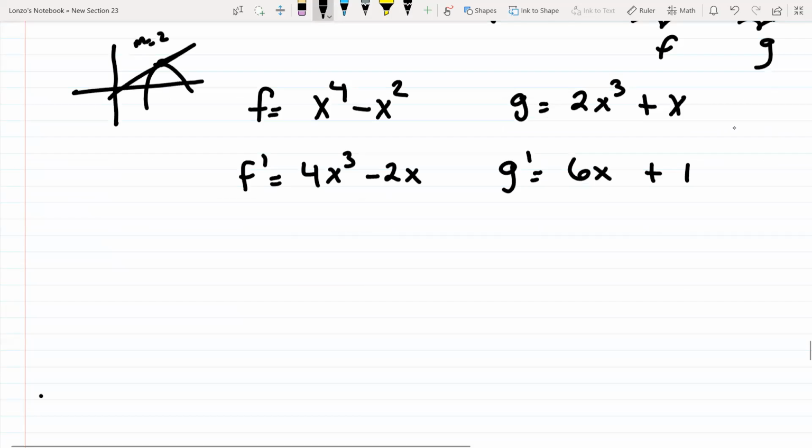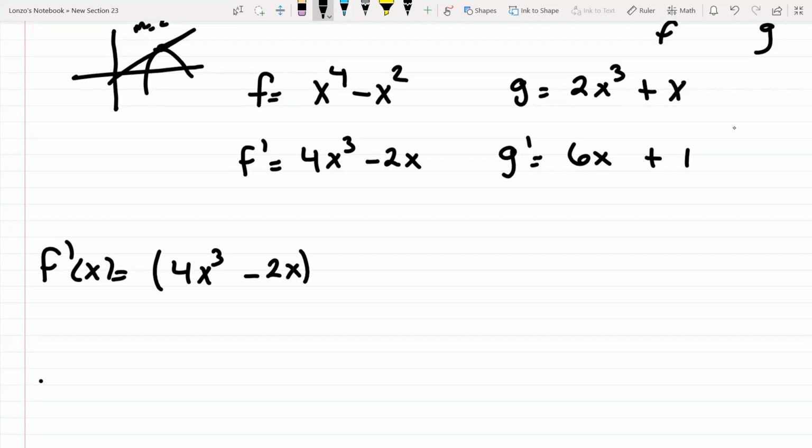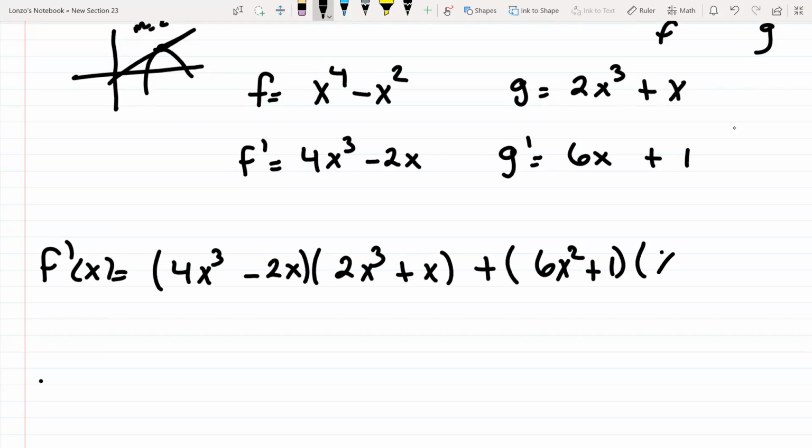Okay, so go ahead, let's try. So f prime of x is going to be this 4x cubed minus 2x times 2x cubed plus x plus parentheses 6x squared plus 1 times x to the fourth minus x squared.